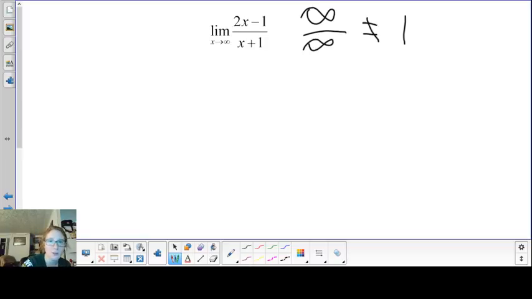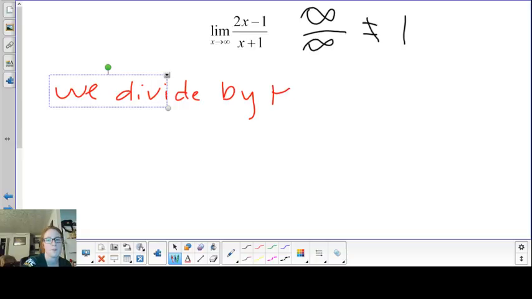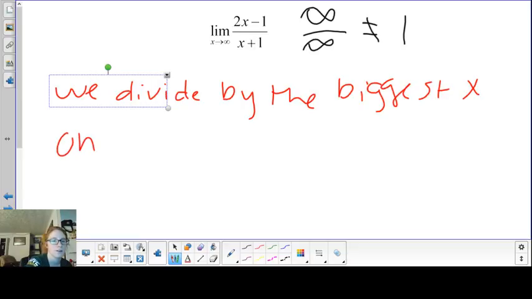So what we have to do instead is divide out pieces so that we can try and throw that infinity in there. So what we do is we divide by the biggest x on the denominator.